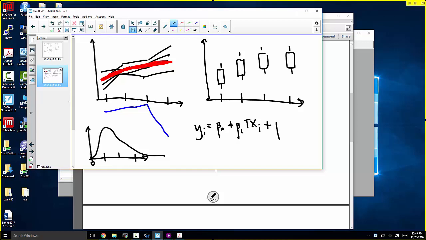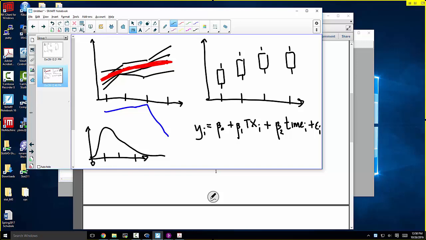So we could include in our regression model a time coefficient. If I put time in the model like this, then I'm assuming that the response is linearly related to time.